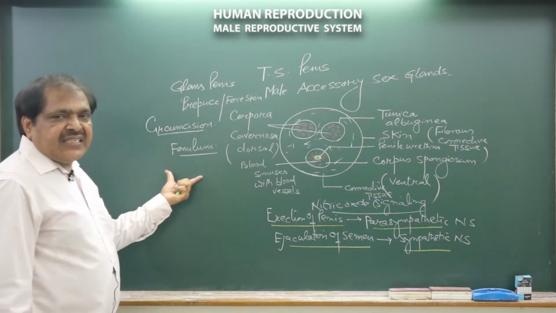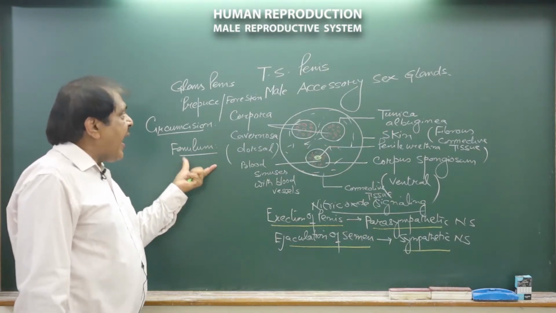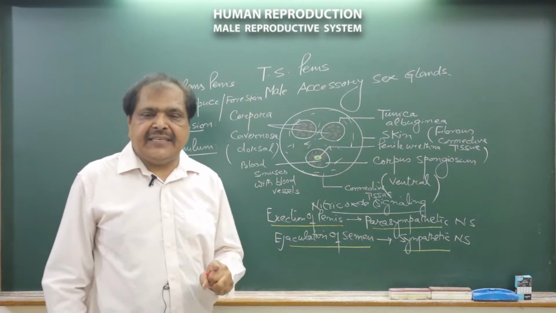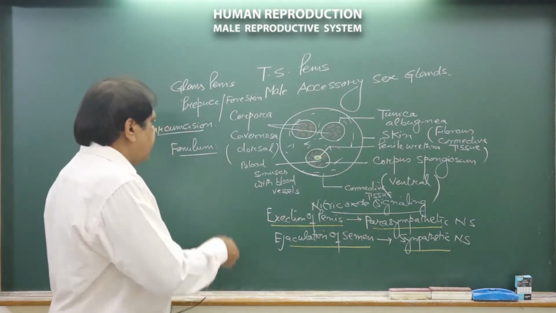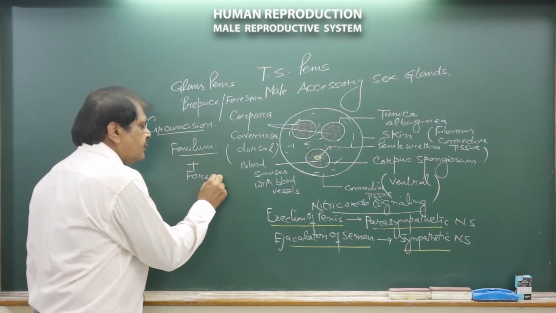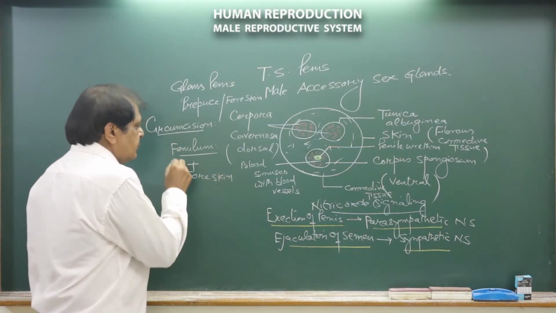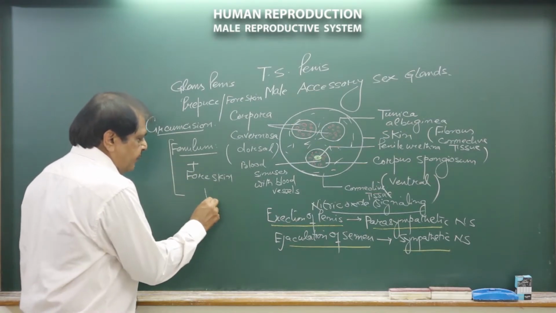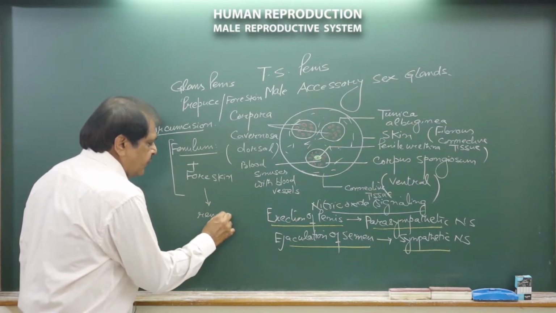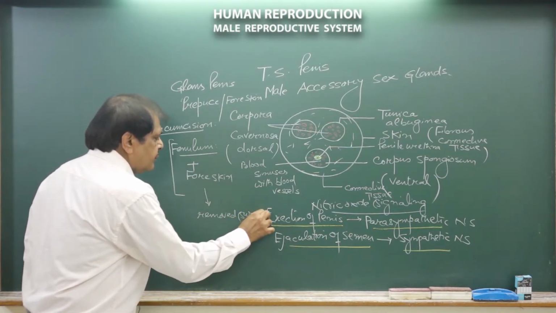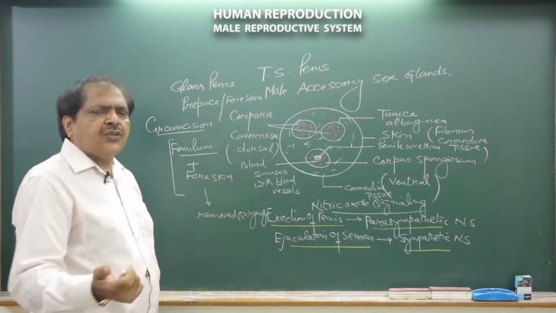And in circumcision, this frenulum as well as the foreskin are removed surgically, after a few days of birth.